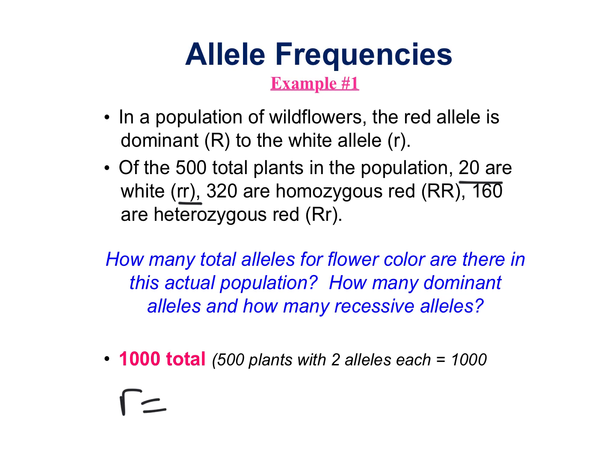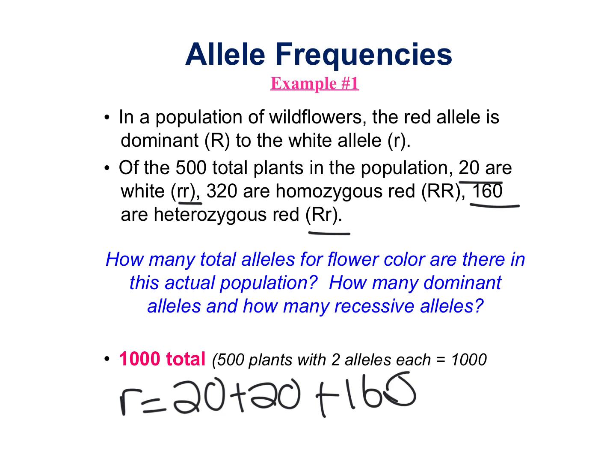That's times 2, so it's going to be 20 plus 20 for each of those little r's. And we also have 160 of them that are big R, little r, which means we have 160 little r's. So if we add this together, that is going to be 40 plus 160, so we have a total of 200 little r's.